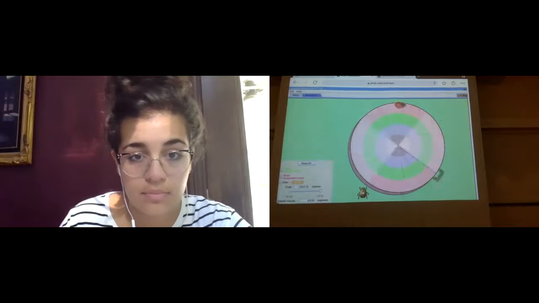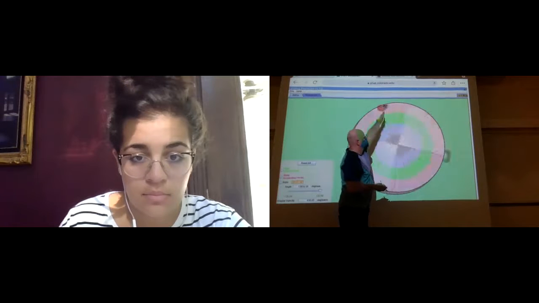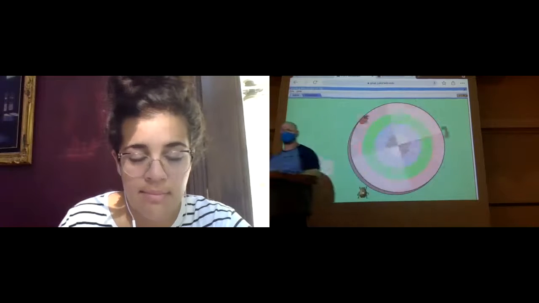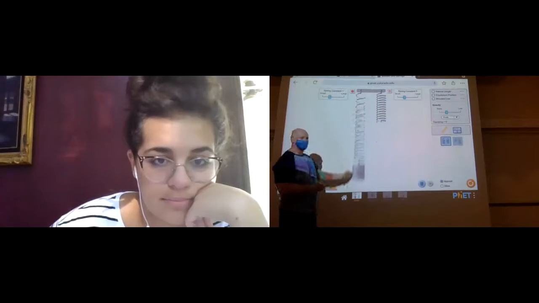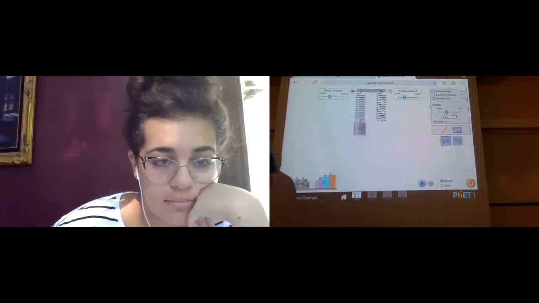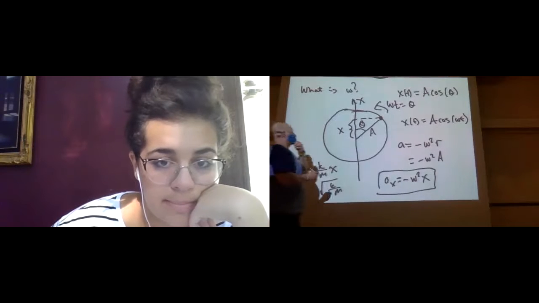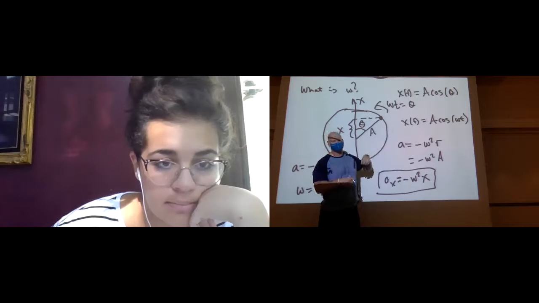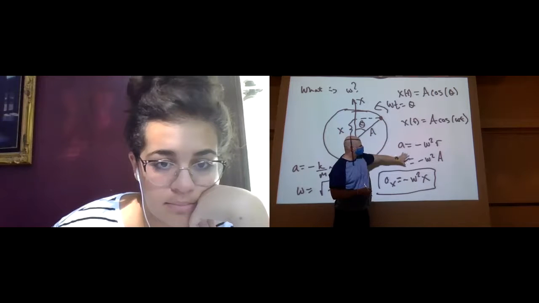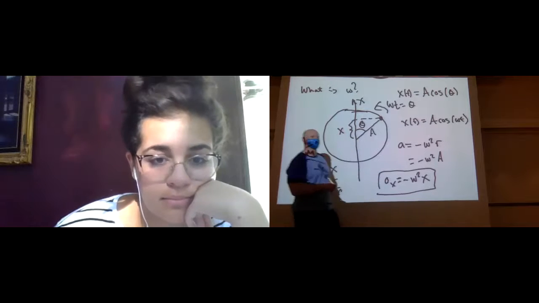So if I compare only the vertical motion of the bug, so this bug is simply doing this in the vertical sense, and if I compare that to the spring, which is also only going up and down in that direction, what I care about then is only the vertical projection of the acceleration for that bug. Here I call it x because we called it x before. So I'm just calling the vertical axis x in this case. So even though this is the actual acceleration, this is only the vertical portion of that acceleration. So that's what a_x is.